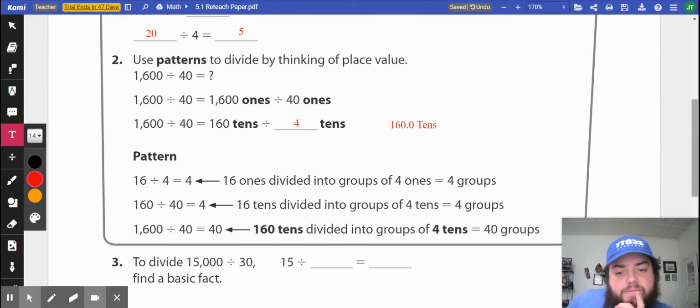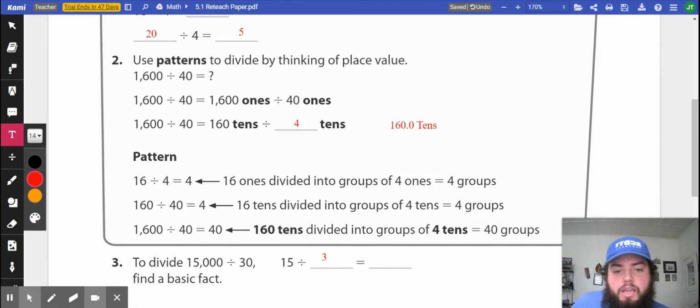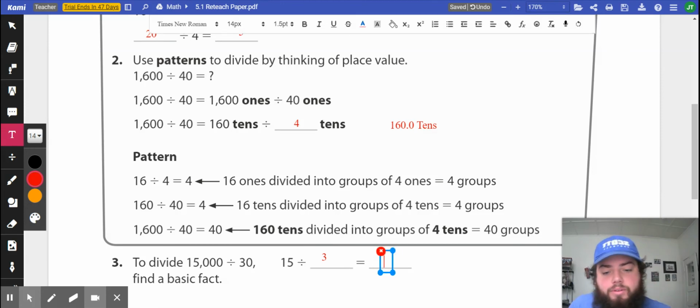Okay, number 3. To divide 15,000 by 30, find the basic fact. So what basic fact are we going to use here? Well, if I take my zeros away, I see that I have 15 divided by 3, and I know 15 divided by 3 is 5.